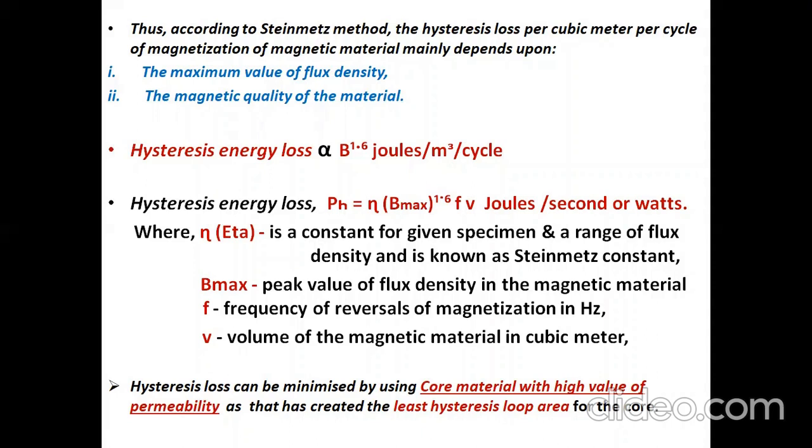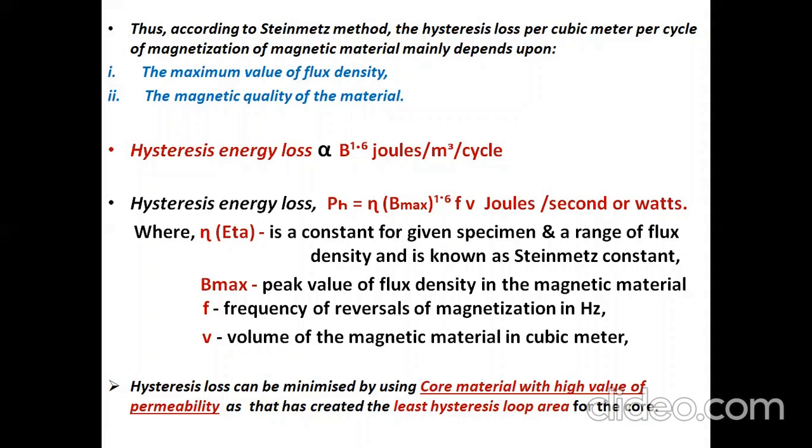Hysteresis energy loss Ph equals η into Bmax to the power 1.6, frequency F, and V is the volume, in joules per second or watts, where η is a constant for a given specimen and a range of flux density and is known as the Steinmetz constant.